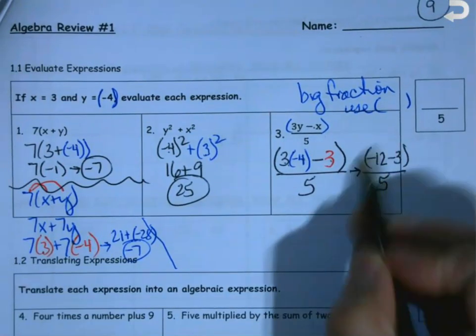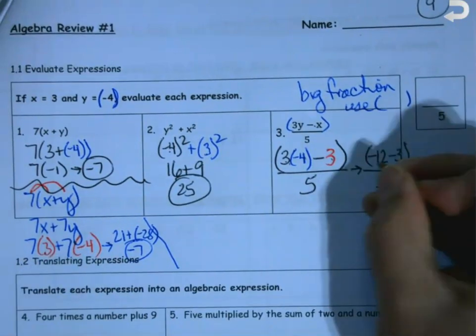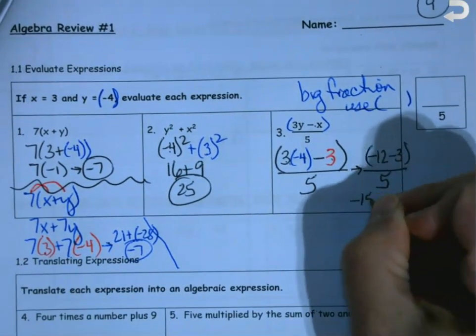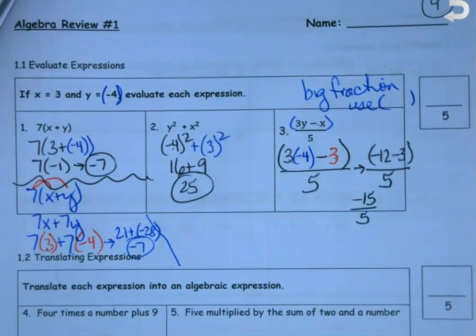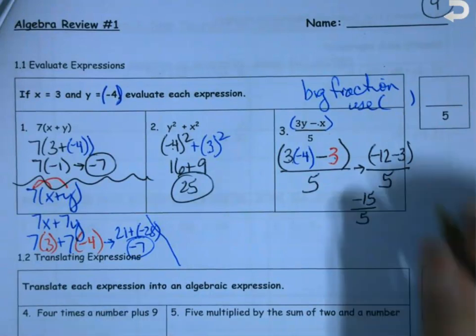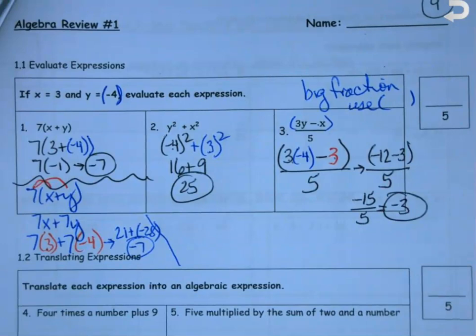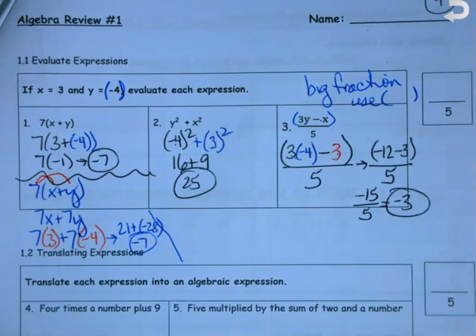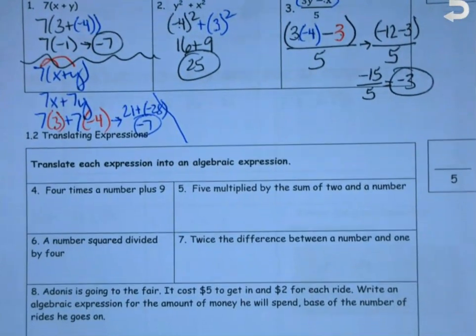Still in the parentheses, so I still have to keep working here before I divide. That's why we did it. Negative 12 divided by negative 3 is negative 15, divided by 5. And now that I've done all the math work in the parentheses, now I can drop them and divide that out and get my answer. So that's our evaluating expressions. We had a couple of interesting little notes in there.